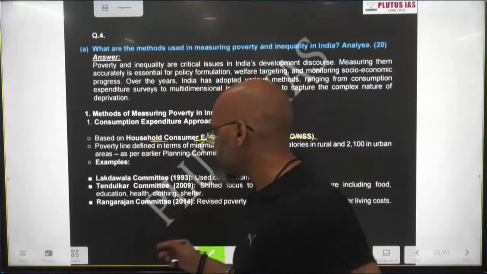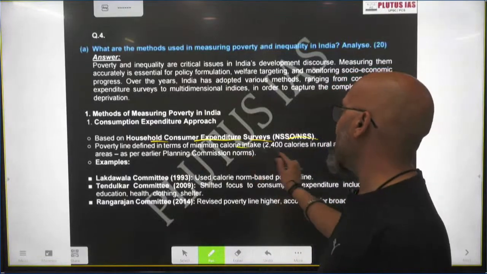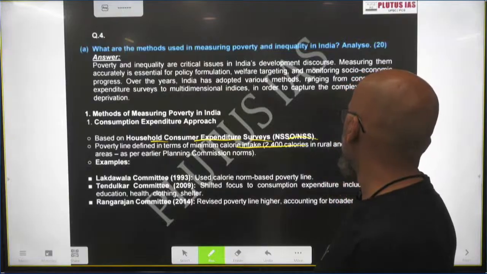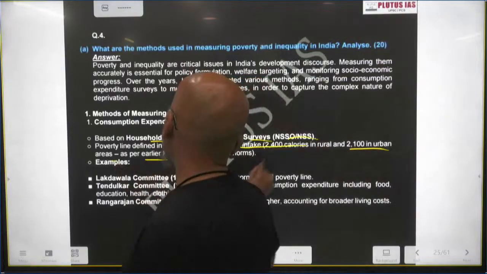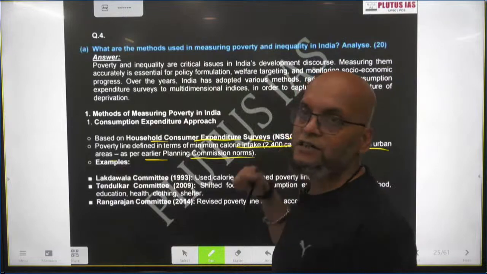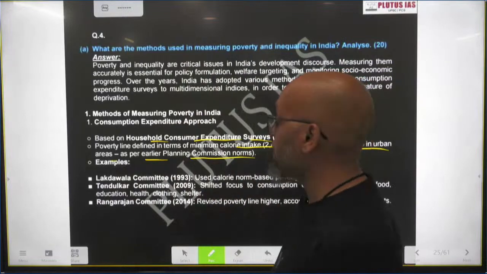The poverty line is defined in terms of minimum calorie intake, 2400 calories in rural areas and 2100 calories in urban areas as per earlier Planning Commission norms. So if you are consuming less than 2100 calories in an urban area, that means you are under the poverty line.